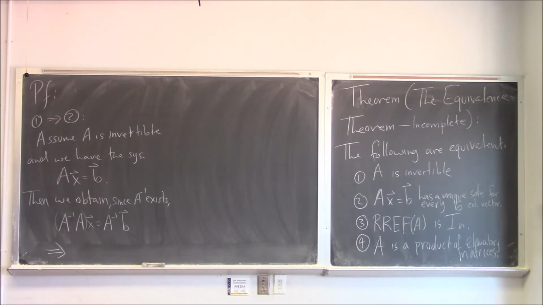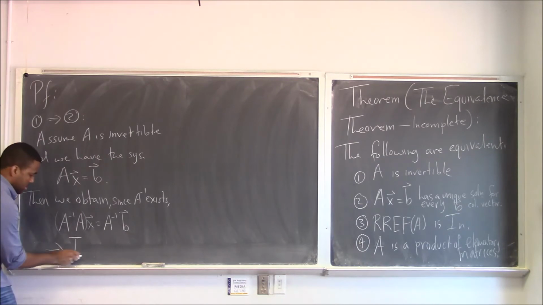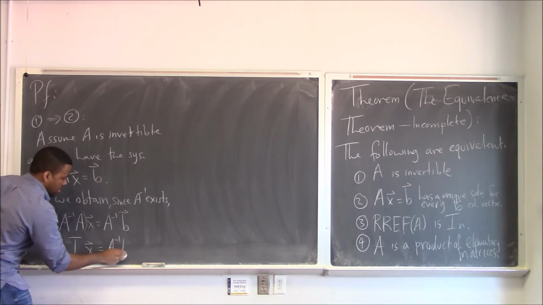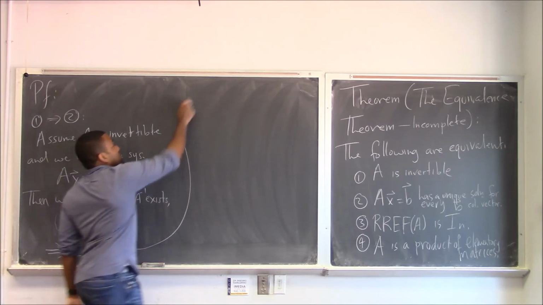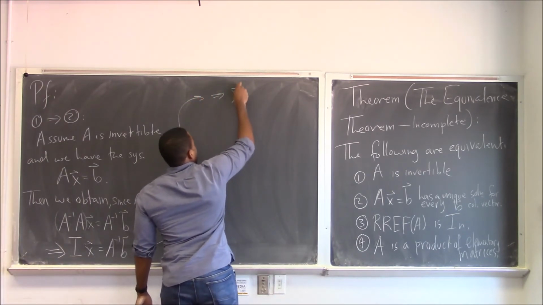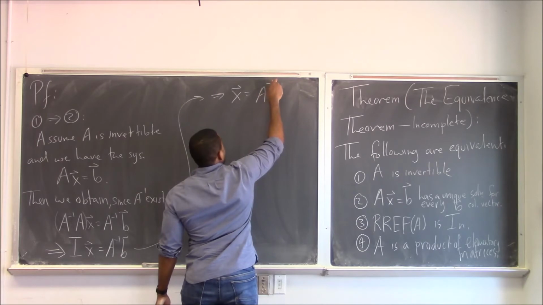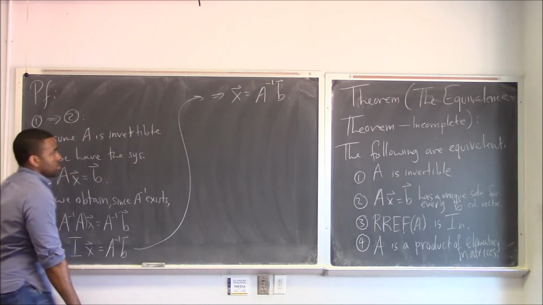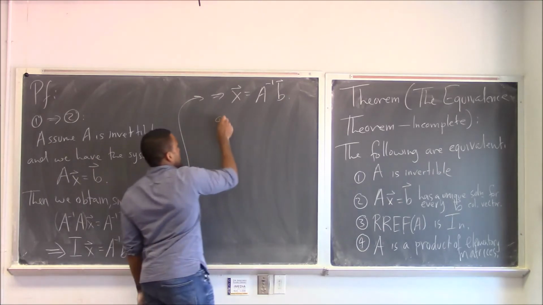Multiplication of matrices is associative, so I can choose to multiply these two first, and that gives me the identity. Which means that my x value is this particular matrix times that particular matrix, right? There's only one solution.